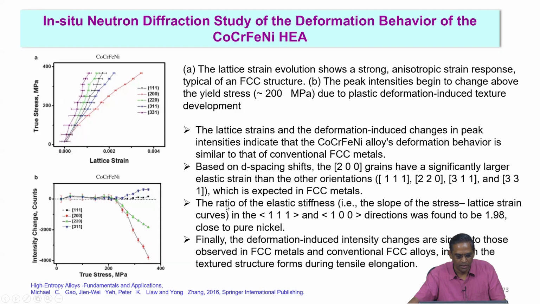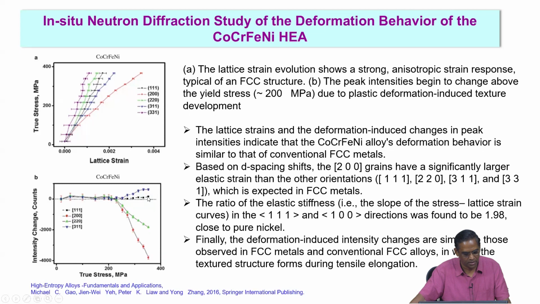Another point is the ratio of the elastic stiffness, that is the slope of the stress and lattice strain curves in the 111 and 100 directions, which was found to be 1.98, close to pure nickel. So, this plot is again quite interesting. The intensity change happens significantly after a tensile stress of 200 MPa, and that is particularly more for 200 and 220.